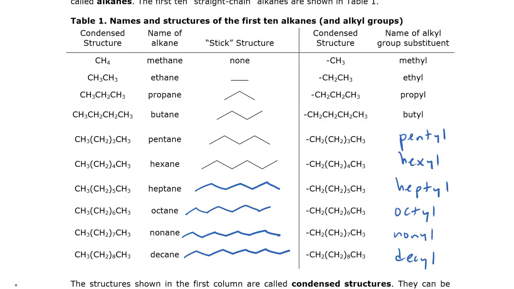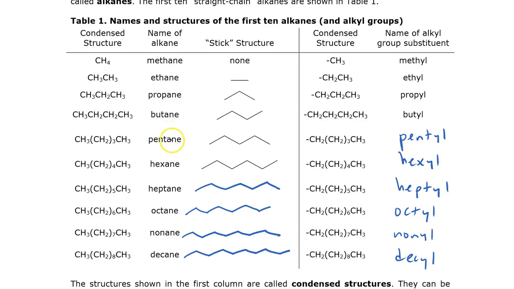One thing that you are going to have to do is to be able to memorize the information in this table. And the names of the first 4 alkanes are based on ancient names, and so they're not systematic. But once you get to number 5, they're based on prefixes that we've learned earlier in the class.